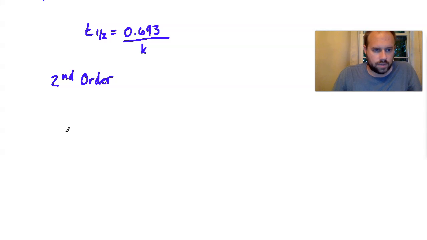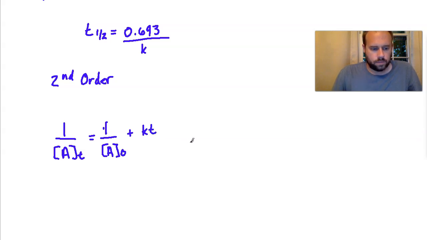So it turns out that for second order reactions, we have 1 over A at time t is going to equal 1 over A naught, so you notice this time we've got 1 over instead of just the actual values, and there is no ln here right now, and it would be plus kt.